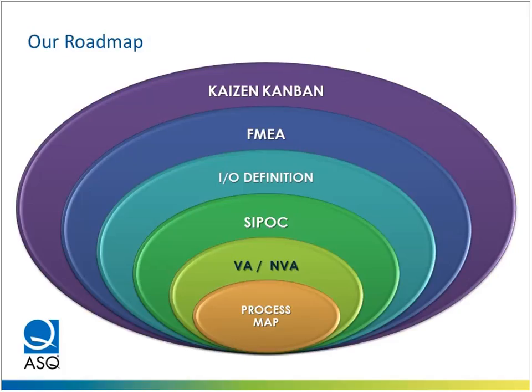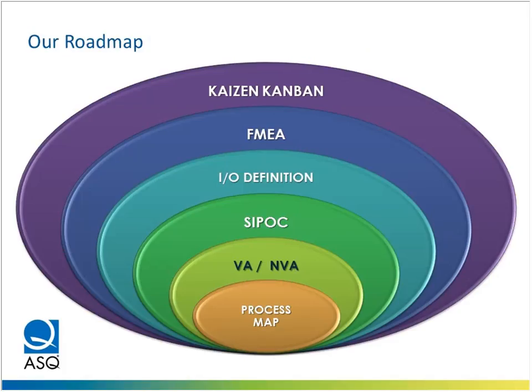And all of this is being done on the wall, and that's the magic of Kaizen Kanban, is everything is done very visually on the wall, and everybody can participate. Once we have the SIPOC and we know what our inputs and outputs are, we will give a little bit more definition. We will specify a little bit better what our inputs and outputs are supposed to be.